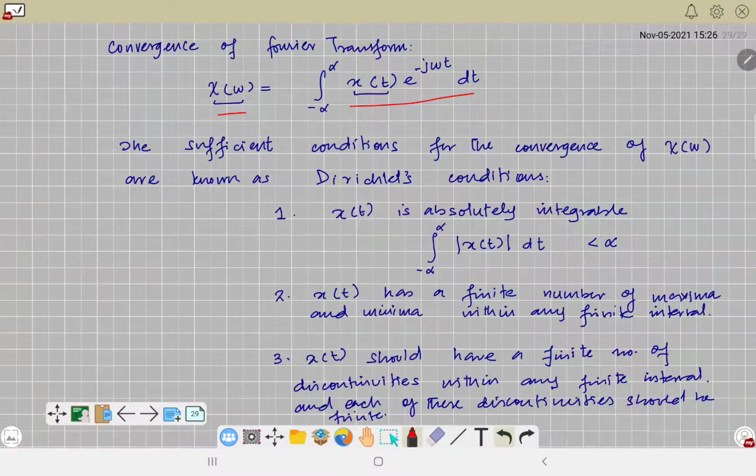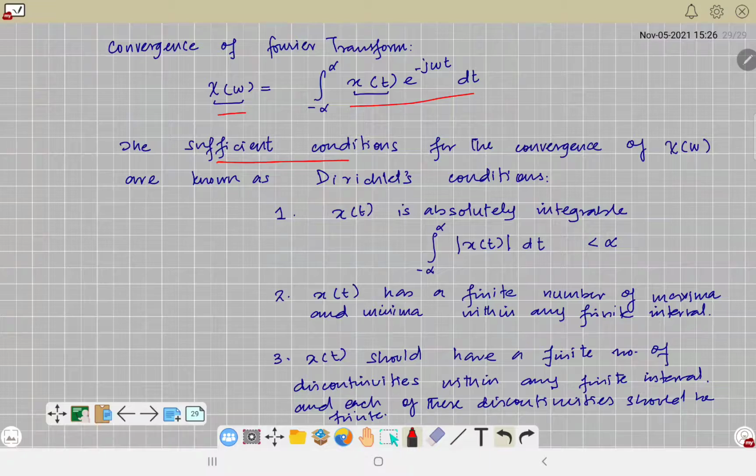So we say that these are sufficient conditions but not necessary conditions. If a signal x of t follows these conditions, then definitely you will be able to find the Fourier transform of such a signal. In case a signal is not following one or a couple of these properties, then you may find the Fourier transform, you may not find the Fourier transform. So we say these are sufficient conditions but not necessary conditions.